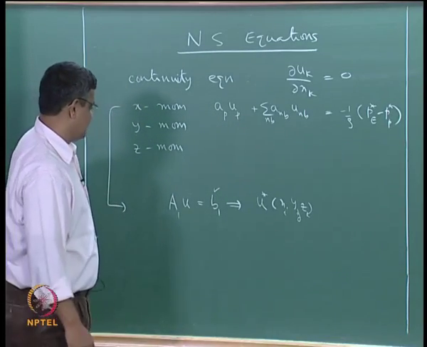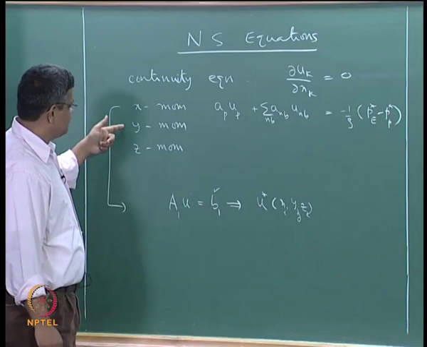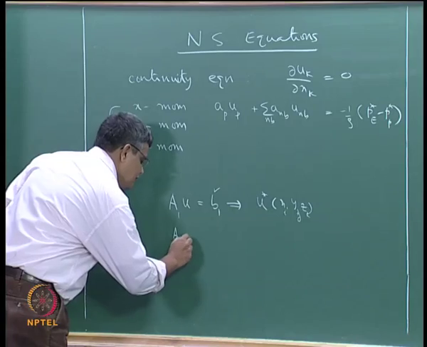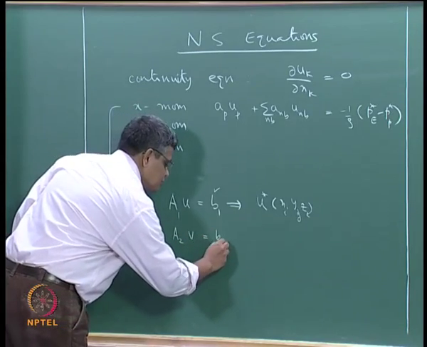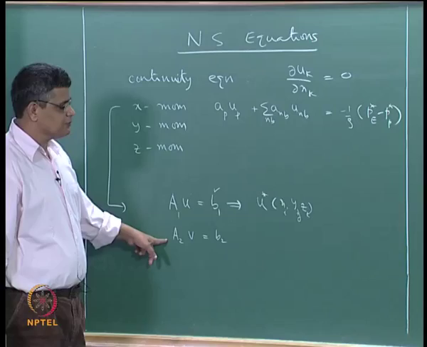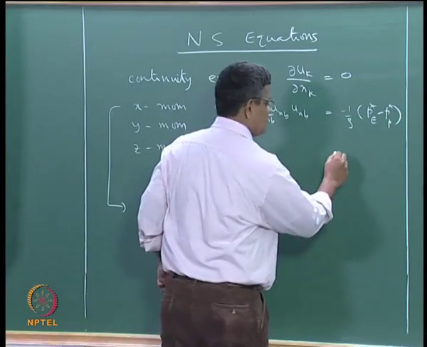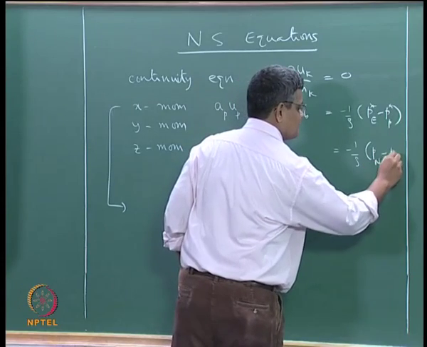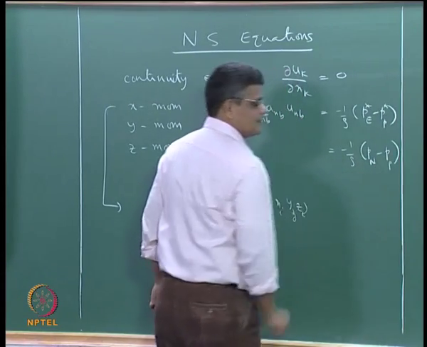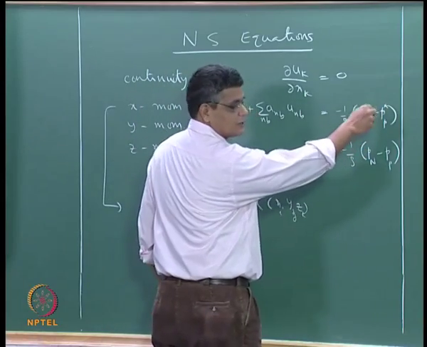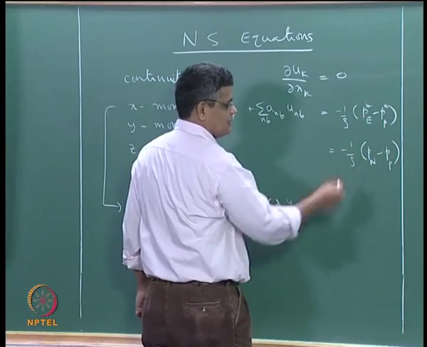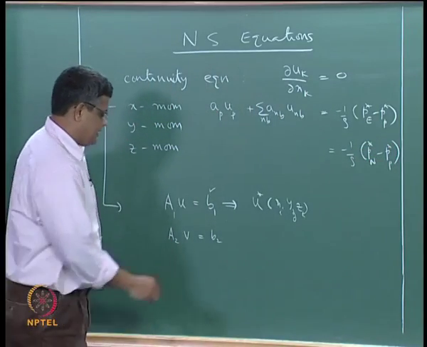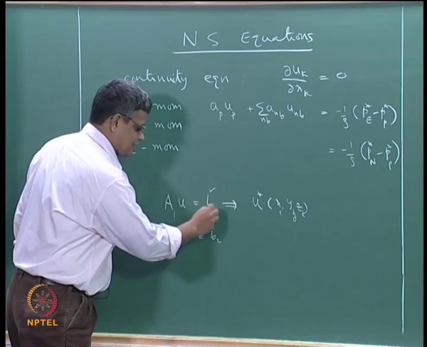of v and w, and similarly we can discretize the y momentum equation to get a2v equal to b2. Even in the y momentum equation you have a corresponding contribution from pressure coming as p naught minus p like this, and the same pressure field that we have used in the x momentum is also used here, and this is based on a star thing.